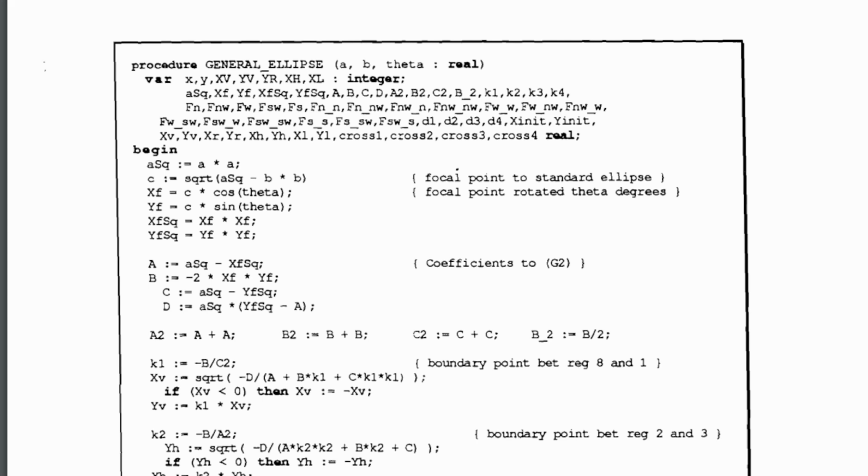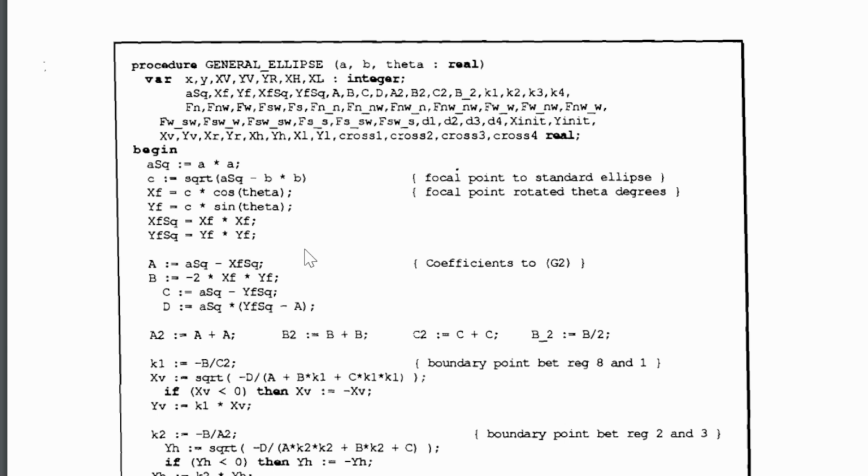So here's the start of where De Silva actually gives his algorithm for drawing a general ellipse. It's written in a kind of Pascal syntax, so I won't go into this in any great detail here. We're only interested in the first few lines.